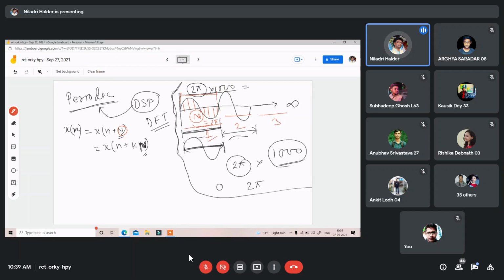So this is 1, 2, 3, that value is defined by k. So for the first period, it will be x[n plus N], for the second period x[n plus 2N], x[n plus 3N], in that way, and each and every period will be equal to each other as it is periodic. That is the basic principle of periodicity.